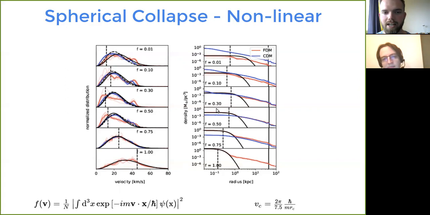And on the other hand, coming to the velocity profiles on the left, we also see that the characteristic velocities both for cold and fuzzy dark matter are almost independent of the fraction of fuzzy dark matter. So we always see a characteristic velocity for this halo of around 20 kilometers per second or so.